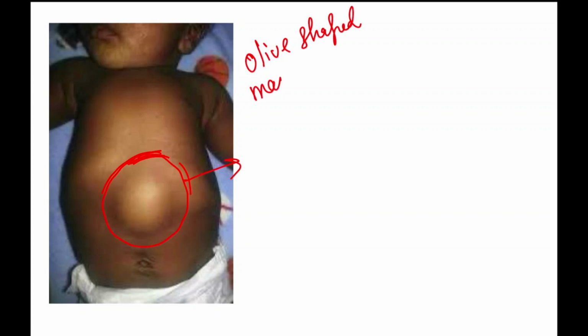Moving on to the next image. Can you see this? Can you find something unusual in this image? This protrusion or swelling looks somewhat like an olive, so this is called an olive shaped mass in the abdomen.